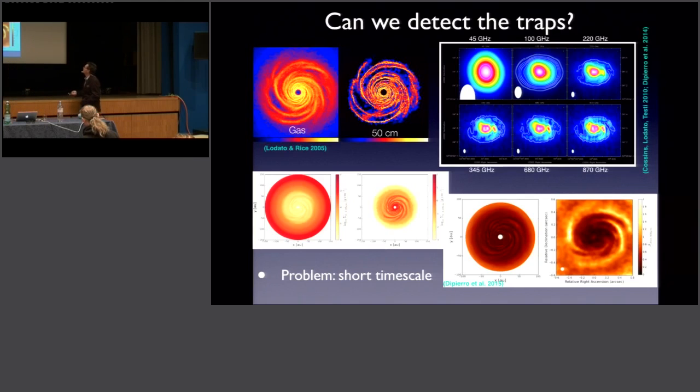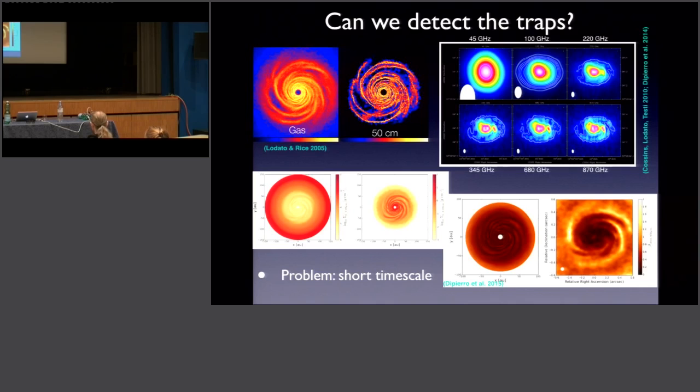And if you take this disk and you try to observe it with the ALMA simulator, you obtain these beautiful images. This is the intensity map, and this is the simulated observation of the spectral index map, where you basically see that with ALMA you should be able to detect these traps.